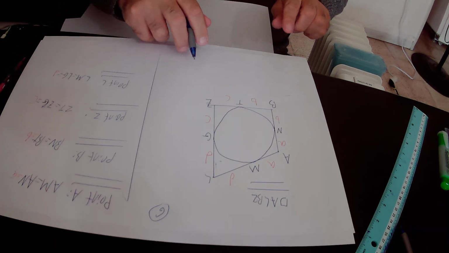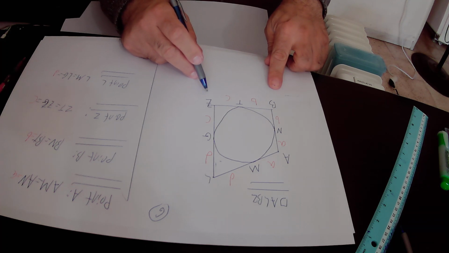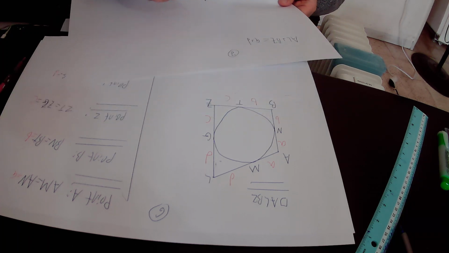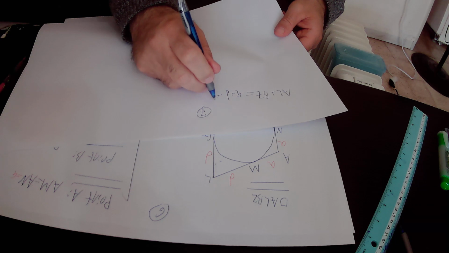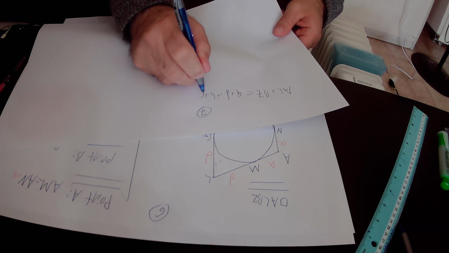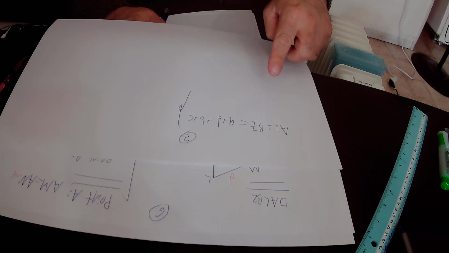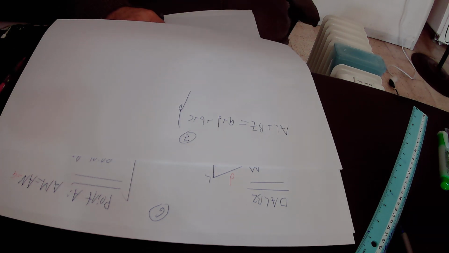From the drawing, it's very easy to see that BZ equals B plus C in its length. So we substitute BZ here by B plus C. In total, we found out that AL plus BZ equals A plus D plus B plus C.